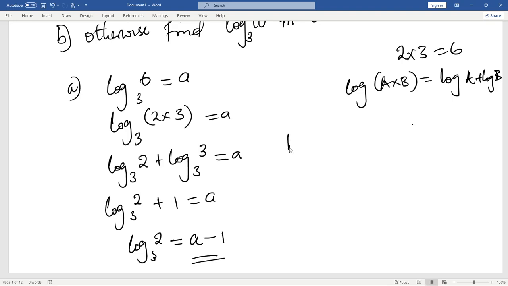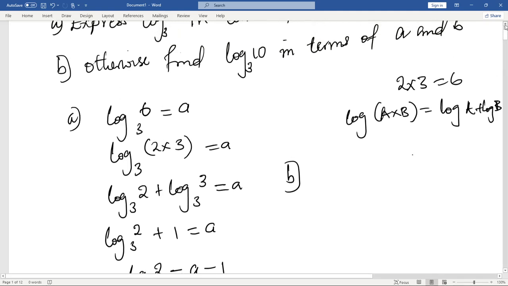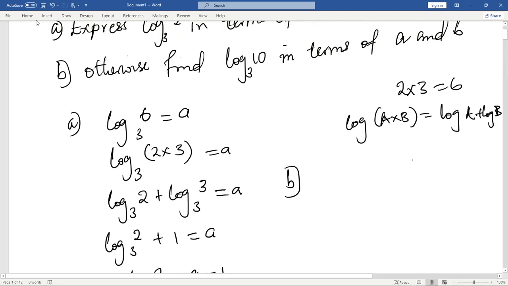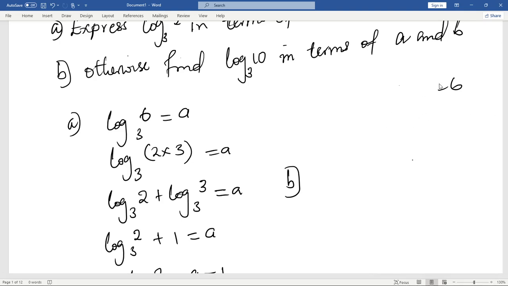Okay, let's go to b. Let me just erase what we have on top. Then for b, we're told to find log 10 to the base 3 in terms of a and b.